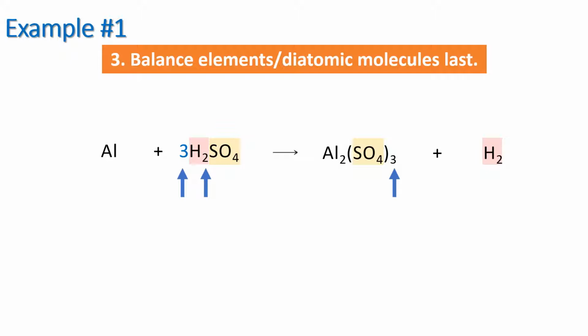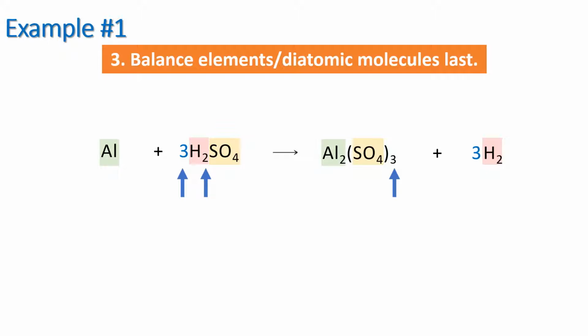Right now I have only 2, but this is easily increased to 6 by putting a 3 in front of that hydrogen diatomic molecule in the product. And this is going to give us 6 hydrogens. The coefficient of 3 times the subscript of 2 equals 6, and with that we have balanced the hydrogen. Now what's left is aluminum.